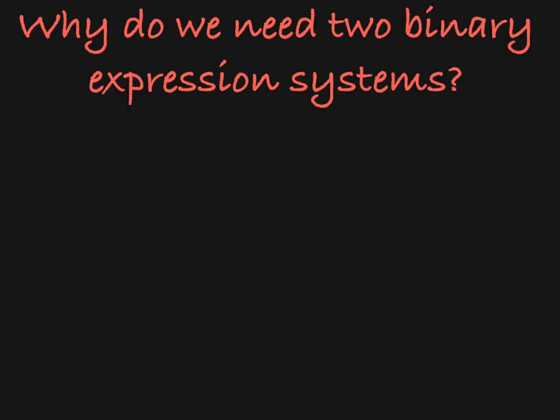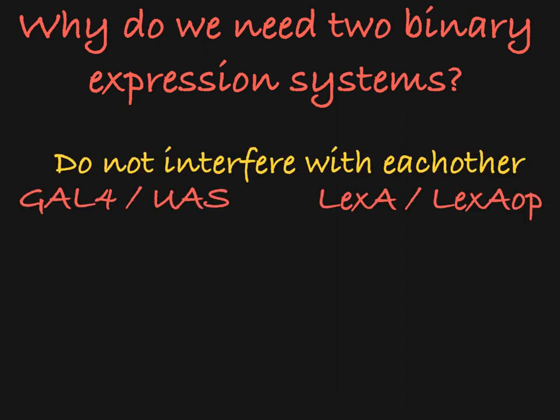So why is it necessary to have two binary expression systems available for use in the lab? Well, these two systems will not influence each other, meaning that the GAL4 transactivator will not interact with the LexAop target, while LGH will not interact with the UAS of the GAL4 system.